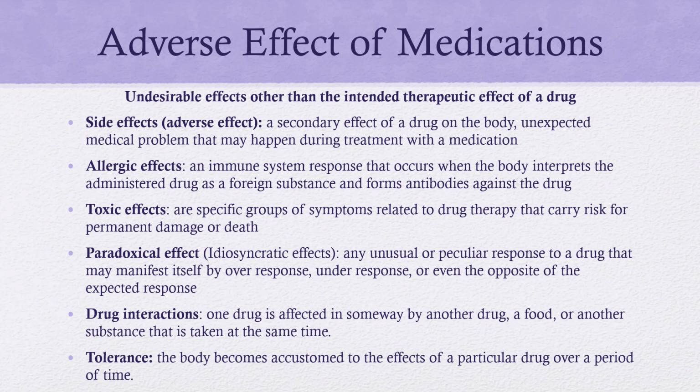Toxic effects, too much medication has created a high level in the bloodstream that can cause damage or even death. Tolerance is building higher levels that the body no longer can react to. So you take a certain medication, it doesn't work anymore, so you have to take more medication. You've built a tolerance to that.